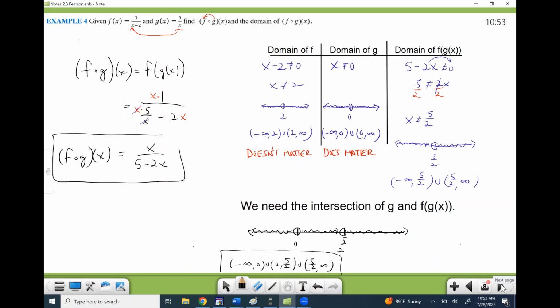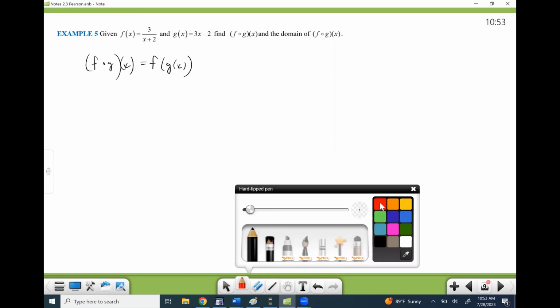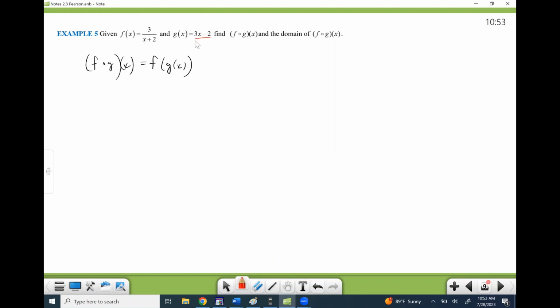All right, let's go ahead and try another. So it's F compose G again. Let's find F compose G. F compose G means that we've got F with G inside of it. So we are going to take this and substitute it in right there.